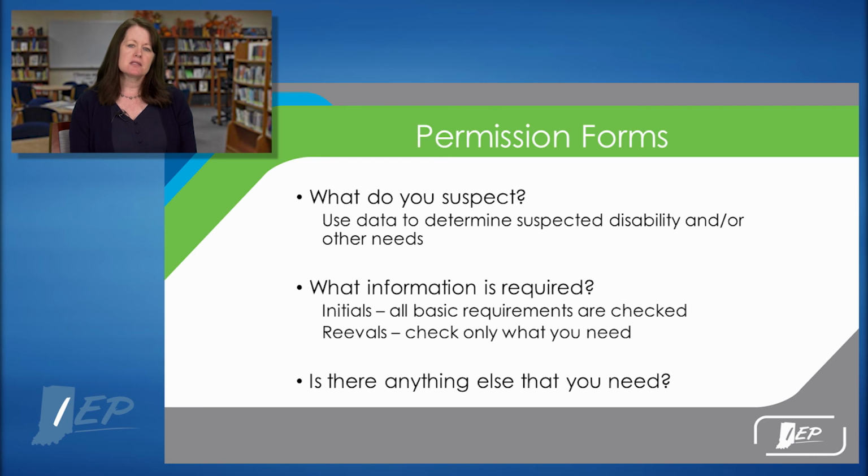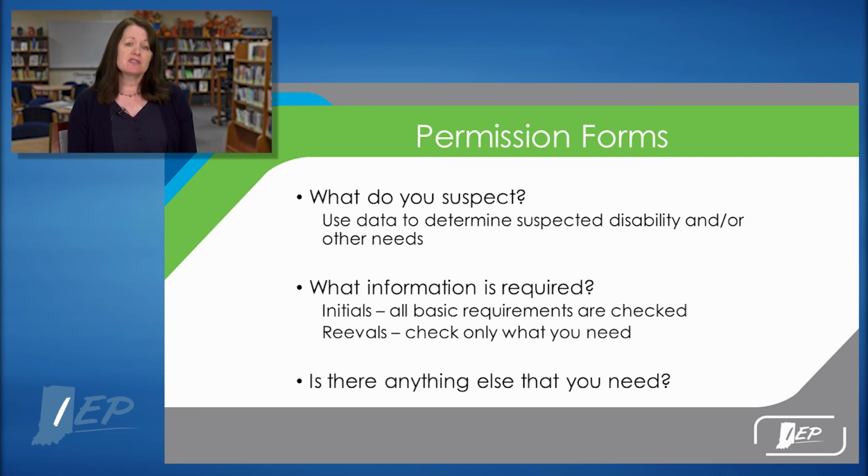So in the system, with an initial evaluation, when you identify the area of disability that is suspected, or more than one disability area, then all of the basic requirements from Article 7 that have to be assessed in some form or fashion automatically get checked by the system, and you cannot uncheck them. That's a safety net in the system to say, we don't want you to miss something and be out of compliance. So it forces you to have everything on the permission form that would be required.